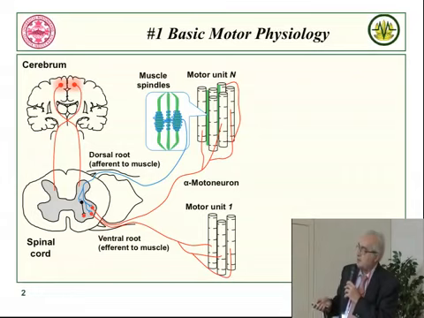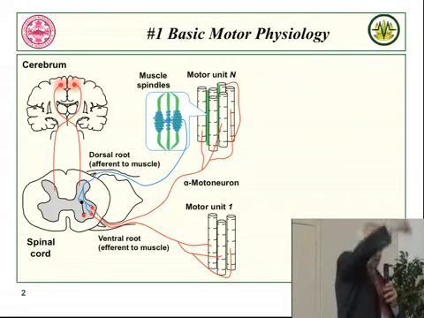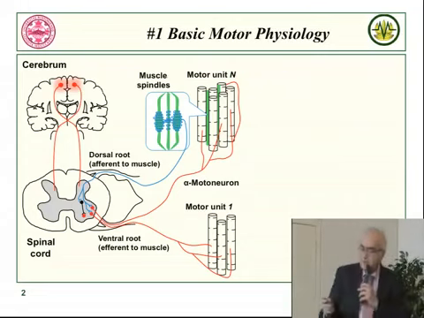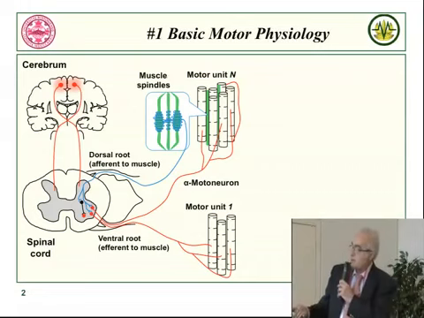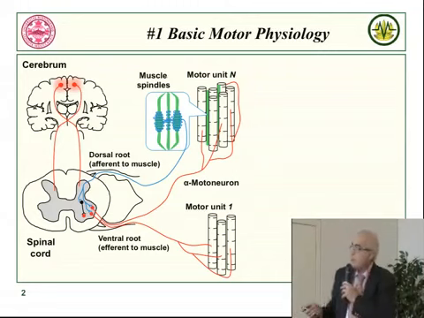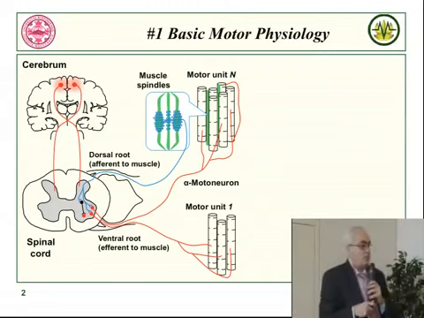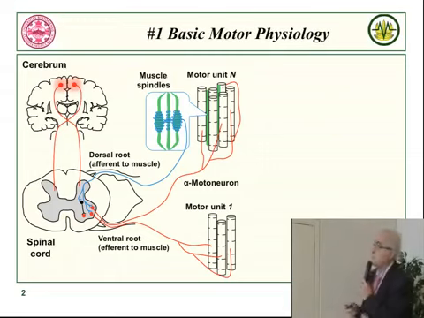That is, each of these groups, or set of muscle fibers, is innervated by a branch of one single motor neuron that has its cell body in the spinal cord. So if I cut you like this, and I look down like that, in the front part of the spinal cord is where these motor neurons have their cell body. And this is one, and this is number n, and you have many of these different numbers for different muscles.